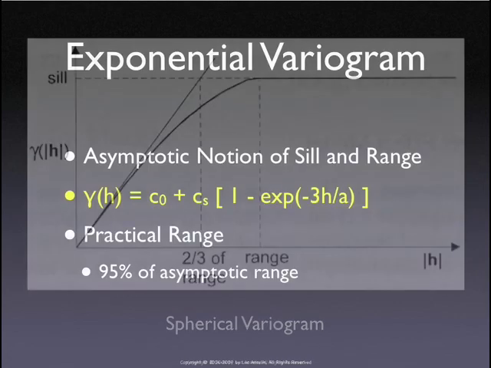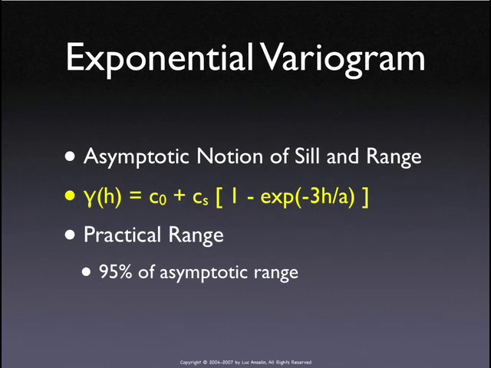The second model, which is a little bit different, because it doesn't have a finite range in a sense, is the exponential variogram, which just keeps on going. It keeps on increasing, but in the limit it reaches the sill. So it's more or less horizontal, but not totally horizontal. And that also has a notion of a range, but the range is not the same thing as in the spherical because it's not finite.